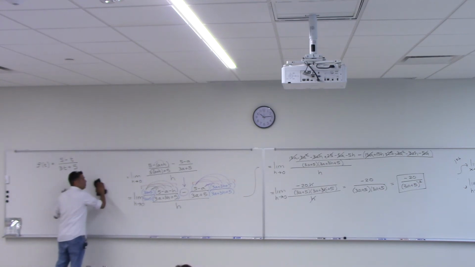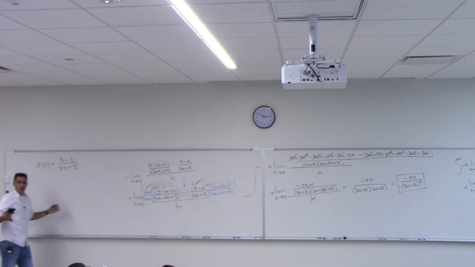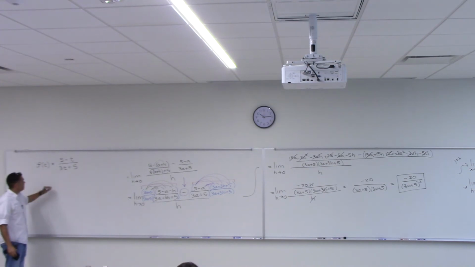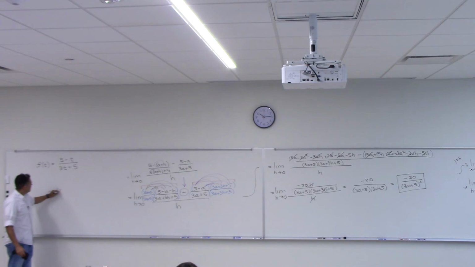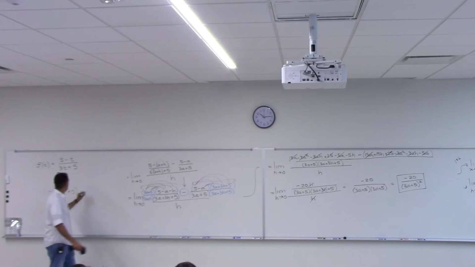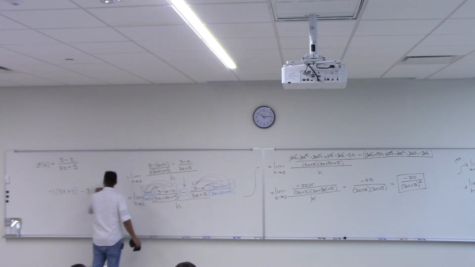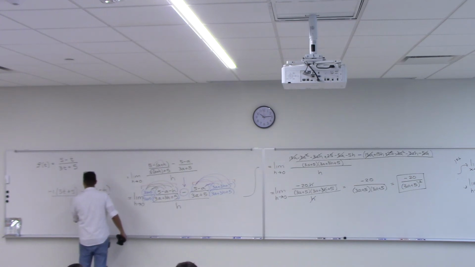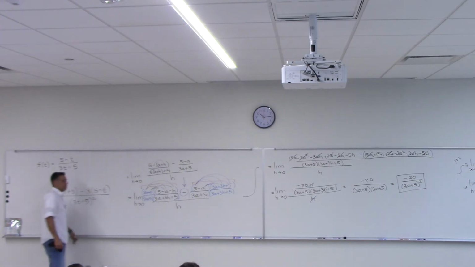I'm telling you, we're going to have a shortcut later. I want you to see how fast the shortcut is. You won't understand what I'm doing, but I'm just going to do it visually. It's negative 1 times 3t plus 5 minus 3 times 5 minus t over whatever the bottom is there squared. Okay, so that's it. I'm done.